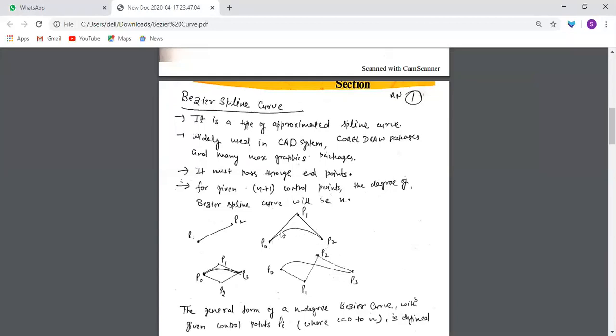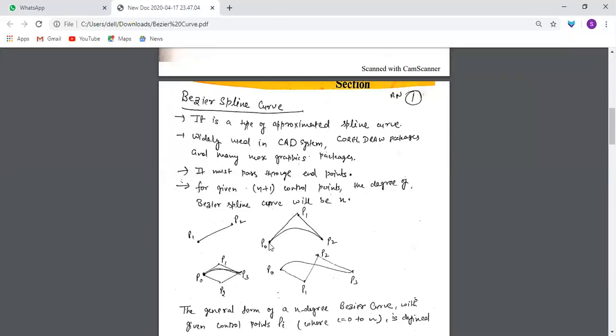So this is the curve. This one is not the curve. This P0 to P1 and P1 to P2 is known as the convex hull, or we can say it is called the control polygon. So with the given points, if we connect these points with a straight line, we get a certain type of polygon that is known as convex hull, and this curve will always lie inside this convex hull.